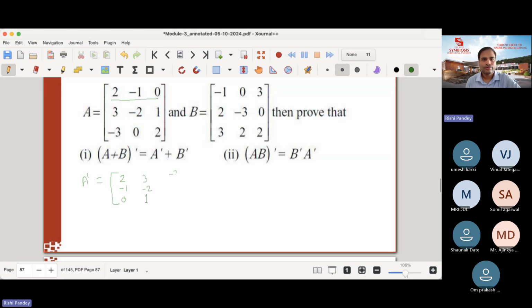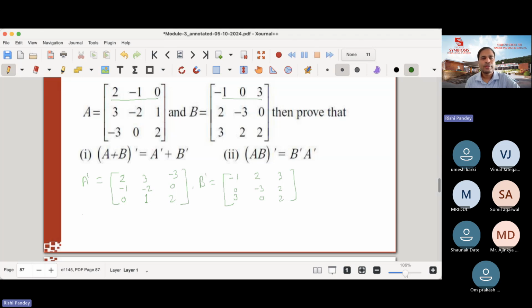Third row to the column. This is the transpose. Okay. For B prime, what is transpose? So we'll write row in the column or column in the row, both are right, okay? It is up to you. Okay, so this is called transpose.